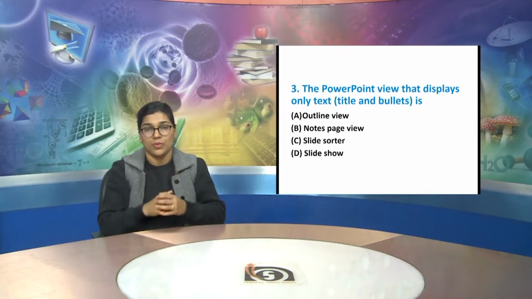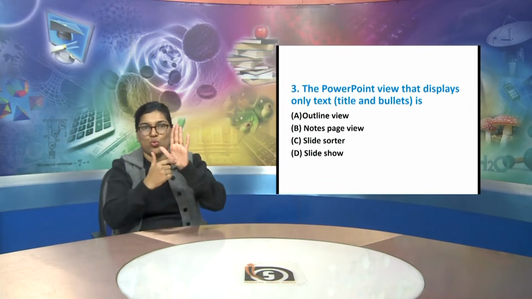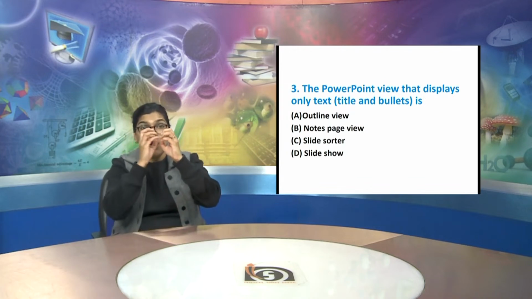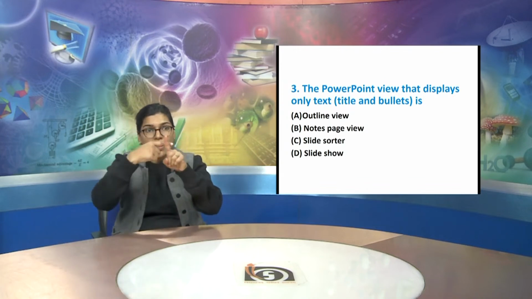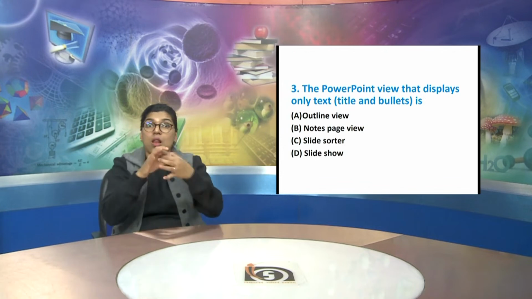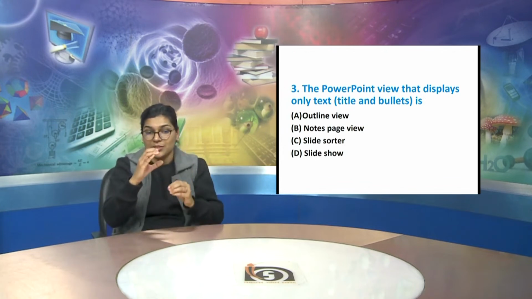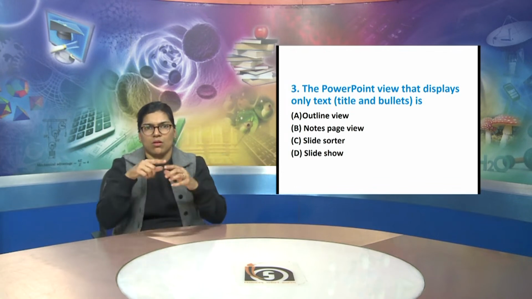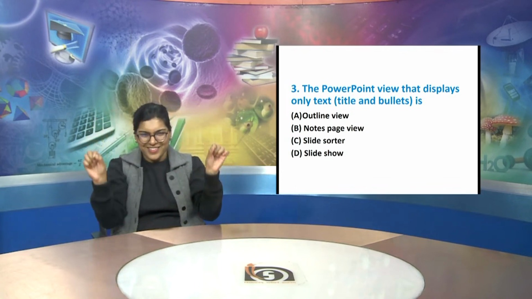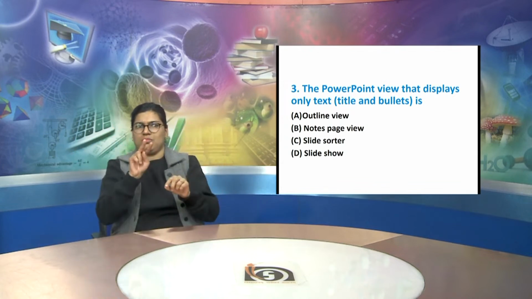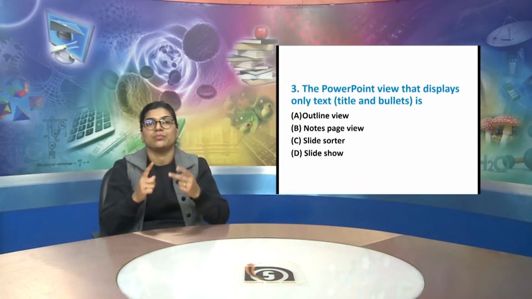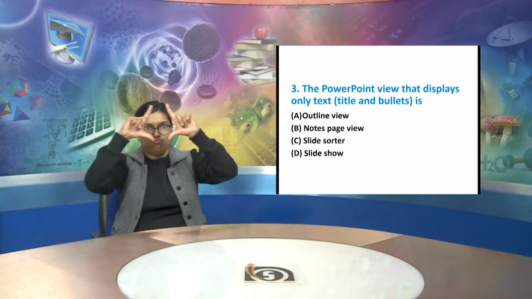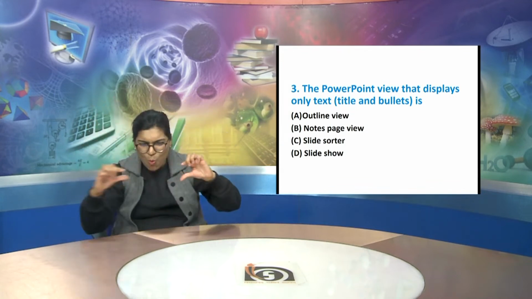Question 3. The PowerPoint view that displays only text, title and bullets is... There are 4 options available. Option A, outline view. Option B, notes page view.